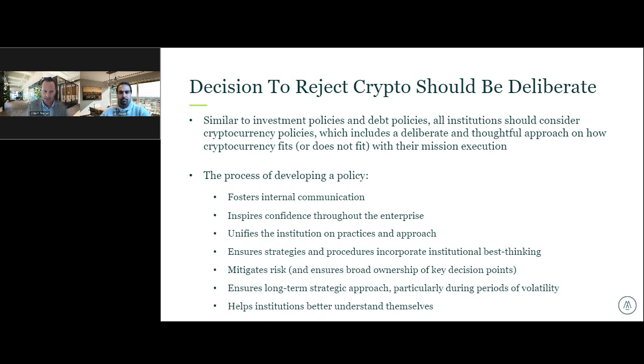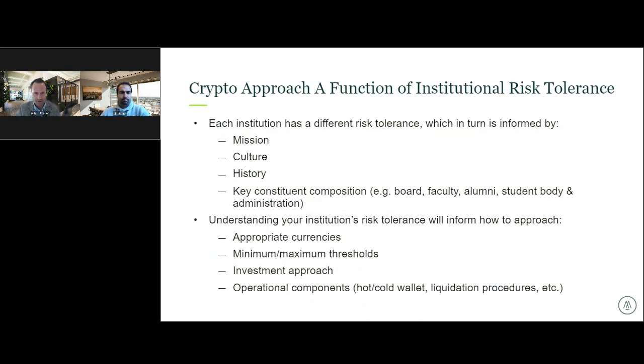It ensures that you've got the best thinking from the institution together, and that those strategies are aligned, mitigating risk, and certainly helping the institution understand itself better. I see we have about 15 minutes, so I'm going to try to speed this up just a bit here.